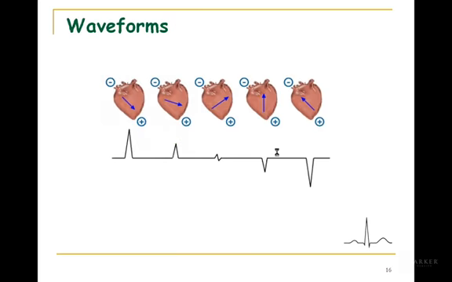how do you think that particular waveform would look on an ECG? If you look at these, we've got 5 hearts doing a standard limb lead 2, and I'm drawing different vectors. You notice this one, you've got the most upwards recorded voltage because it's running parallel to that particular lead axis, and it's running towards the positive recording electrode. This one is not as big because it's starting to run away.